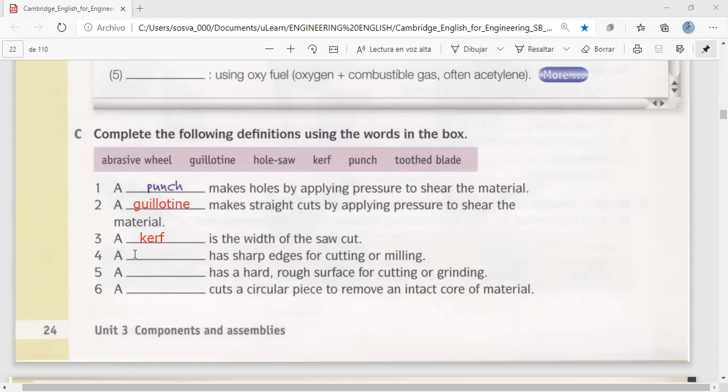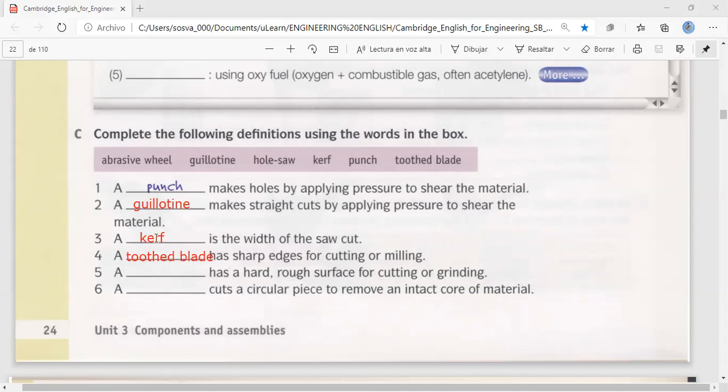In this case, maybe I can use toothed blade. Yes, the toothed blade is a thing that you use to cut. That's why it has sharp edges for cutting or milling.